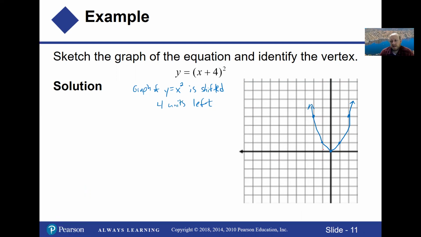Then we just move all these dots 4 places to the left: 1, 2, 3, 4, here, here, and 1, 2, 3, oh, it's going to be on the same point. That's what this one is going to look like. What is your new vertex? The vertex is at -4, 0. Again, the y value stayed the same, but it shifted to the left 4, so the x value is affected.